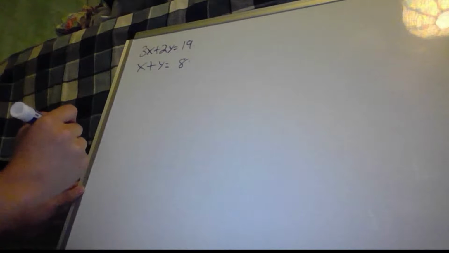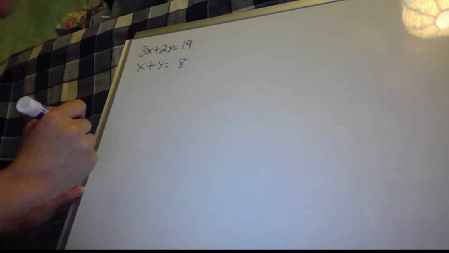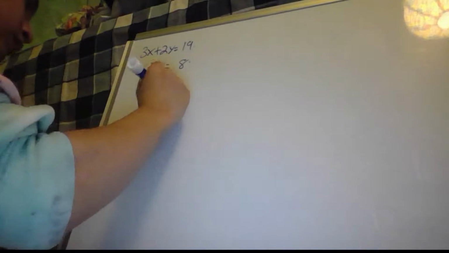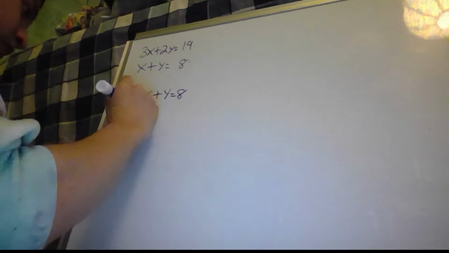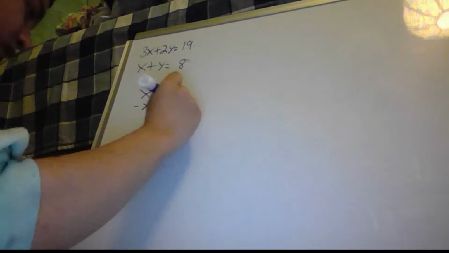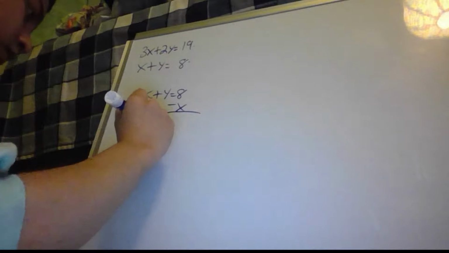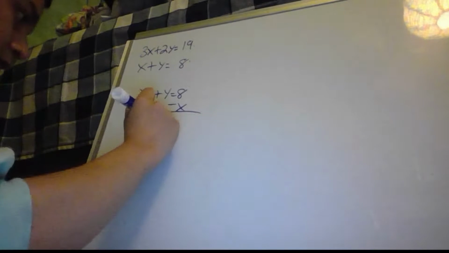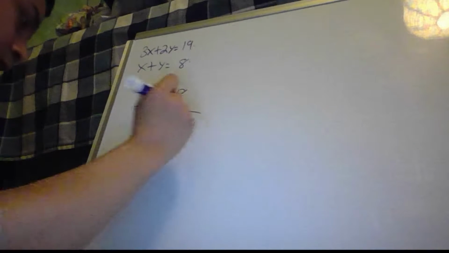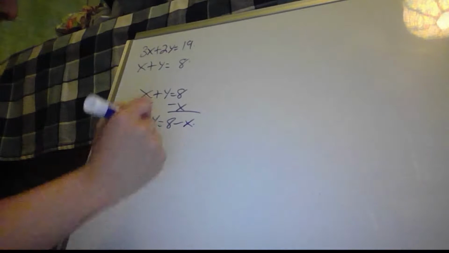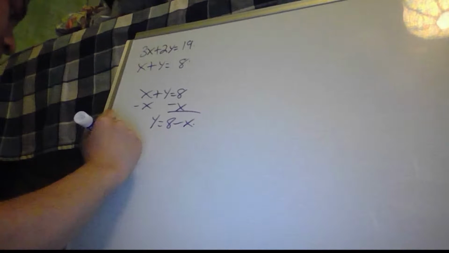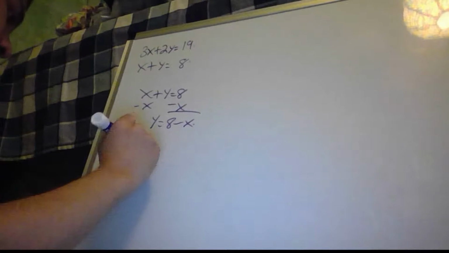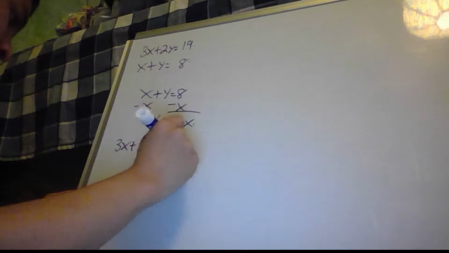We're going to solve this by substitution. So we have x plus y equals 8. We're going to solve for y. y equals 8 minus x, right? So then we have 3x plus 2 times 8 minus x.